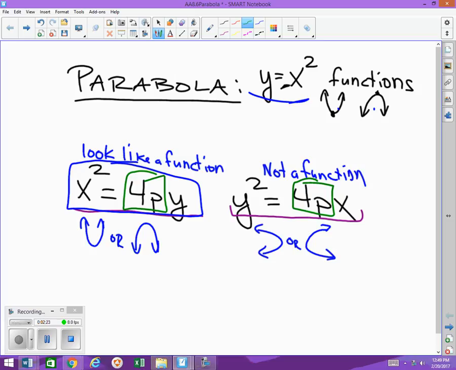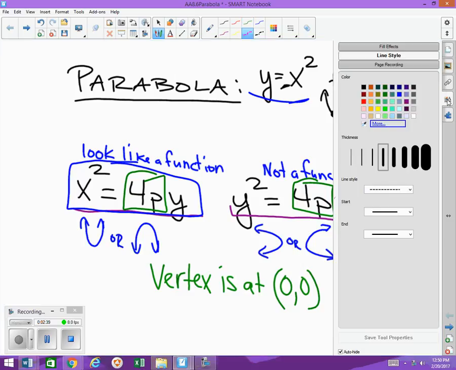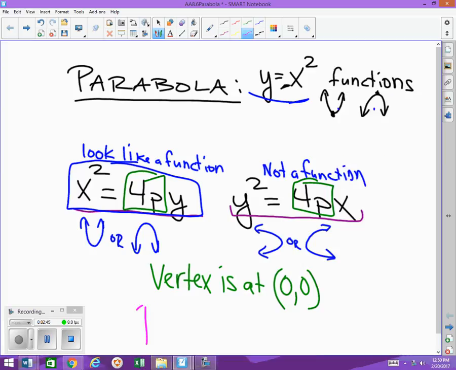First thing you should know is that in either case, the vertex is at 0, 0. And the important value is the value of p.